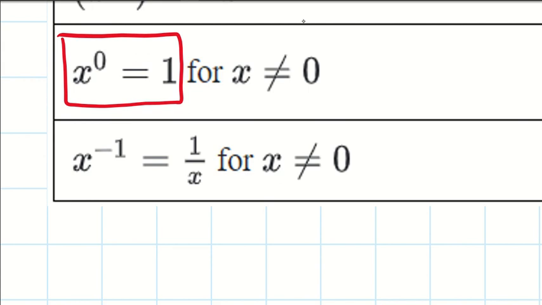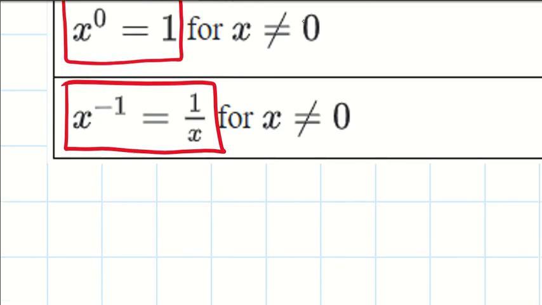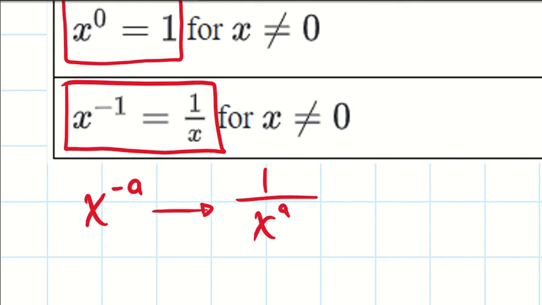And this other idea is, what is a negative exponent? It's nothing more than a reciprocal. So if I have x to the negative second, it's 1 over x squared. If I have x to the negative fifth, it's 1 over x to the fifth. In fact, probably a better general form of this would be x to the negative a power, or opposite of a, is the same as 1 over x to the a power.